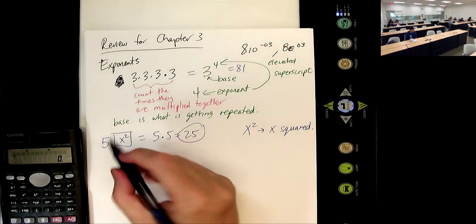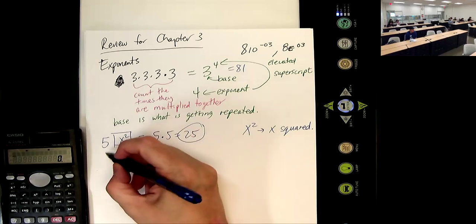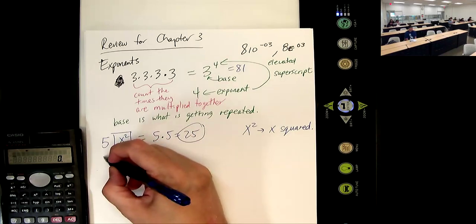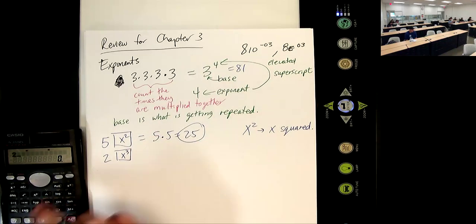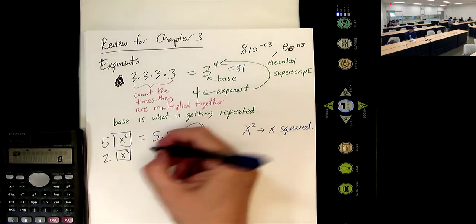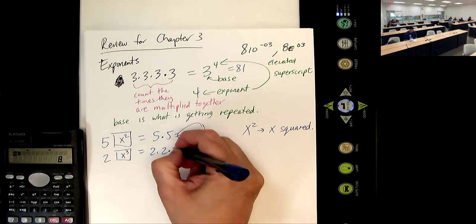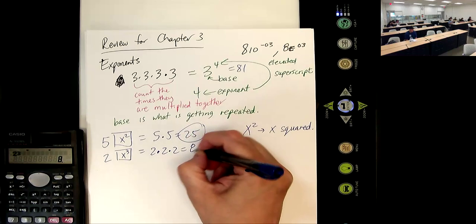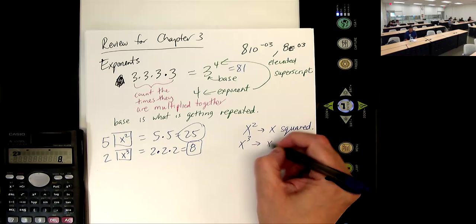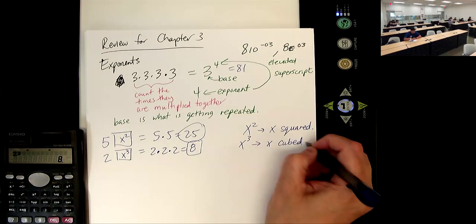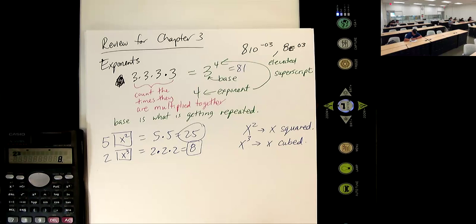And if I wanted something to the 3rd power, these are multiplied together, I get 8. Something to the 3rd power is called cubed. Whatever it is, you say that thing gets cubed or that thing gets squared.